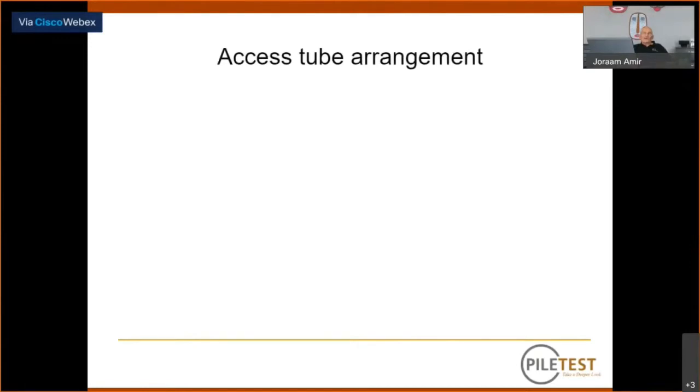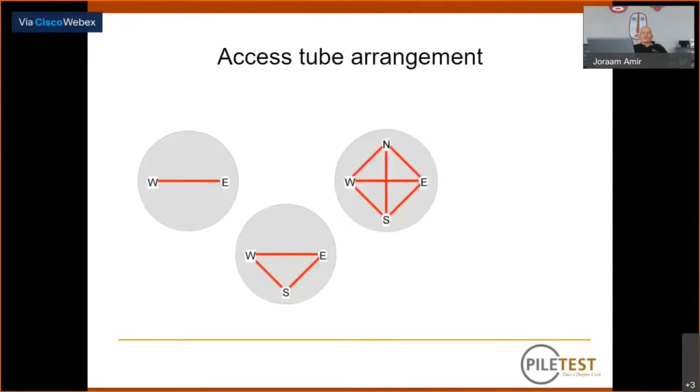Now, how many access tubes do we need? If we have a small pile, we don't have room for more than 2. A larger pile, 3, 4, 5. I even saw some very large diameter piles, 3 to 4 meters in diameter, huge piles with up to 10 access tubes.